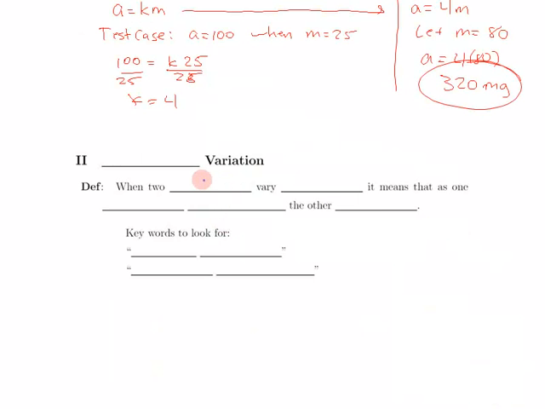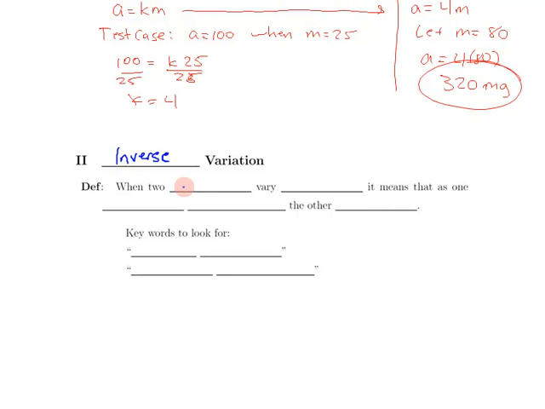Looking at the second type of variation, we can go ahead and go through the same procedure. Basically, go through the same definitions, keywords to look for, what the formula looks like, and then give us an example. So the second type is inverse variation.